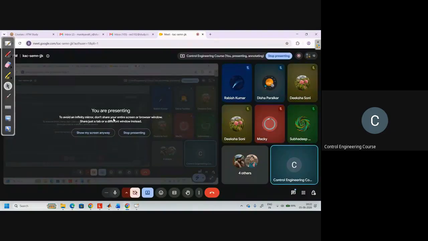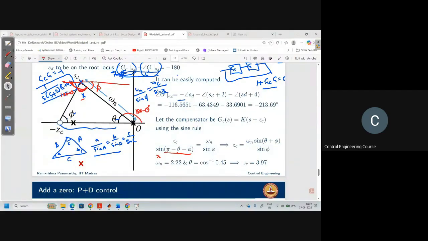This is a very important point. You need to understand how you find out ZC. By using that sine rule, ZC by sine of this angle, pi minus theta minus phi, equal to omega_n by sine phi.